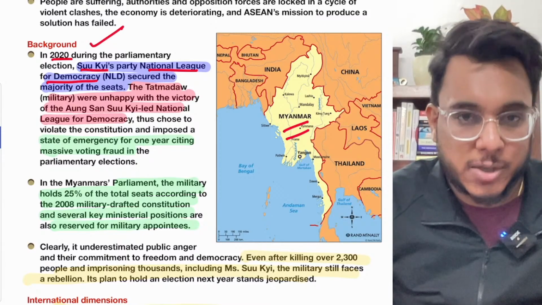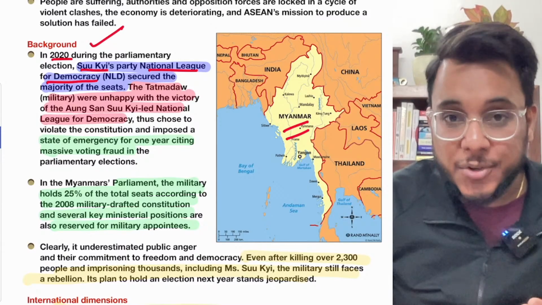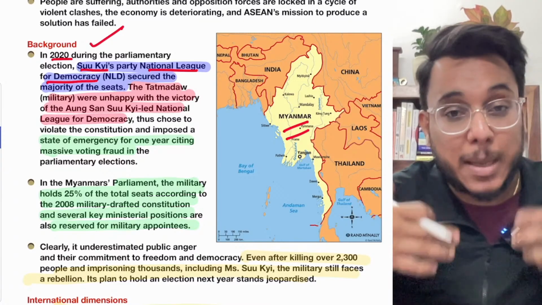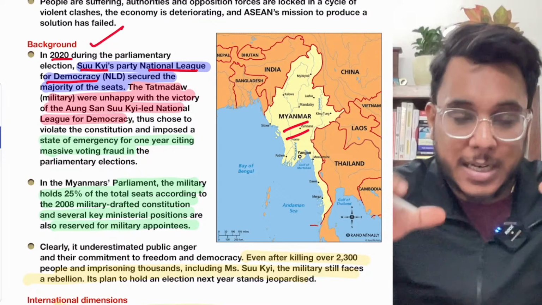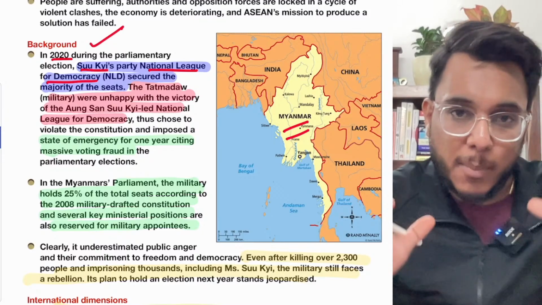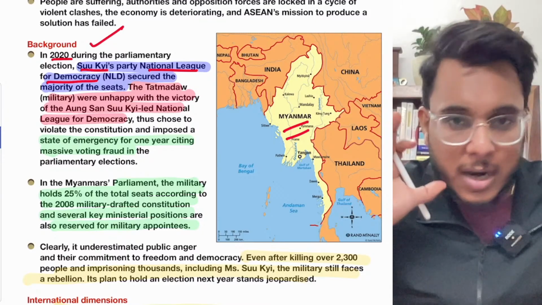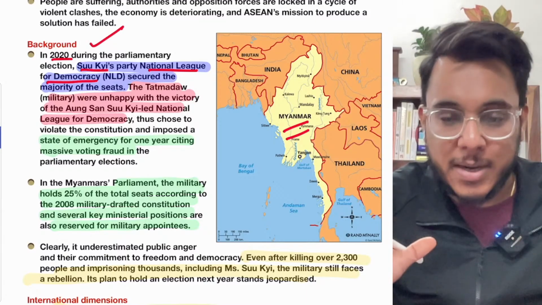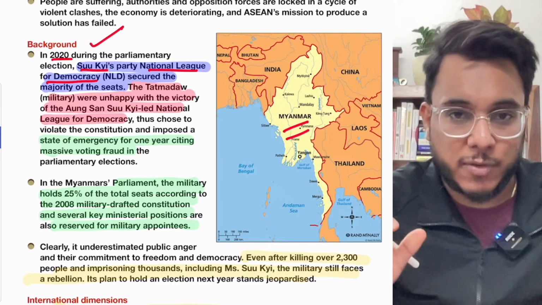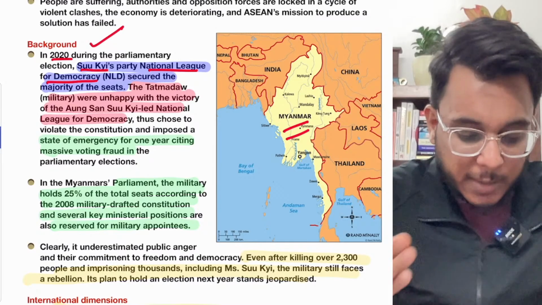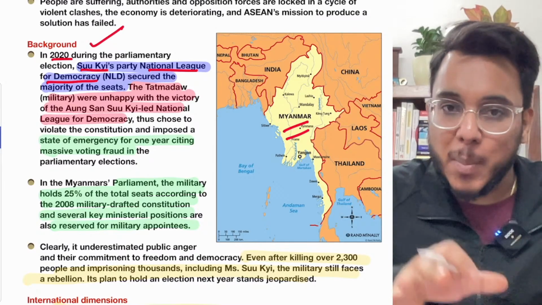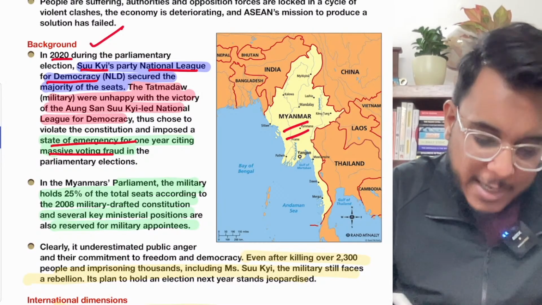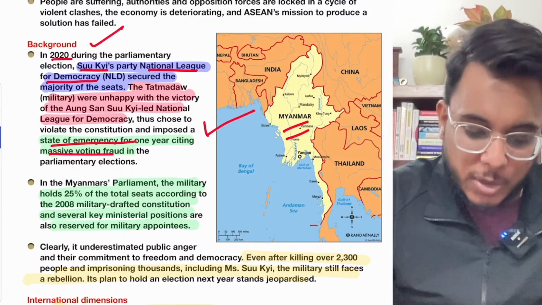As it emerged victorious, the military thought that the NLD would become more powerful and the military's control over the country would go down. Therefore, the military said that the elections were corrupt, that there were a lot of misconducts in the elections, and on the charge of corruption the military took over the government in Myanmar. A state of emergency and voting fraud was declared.